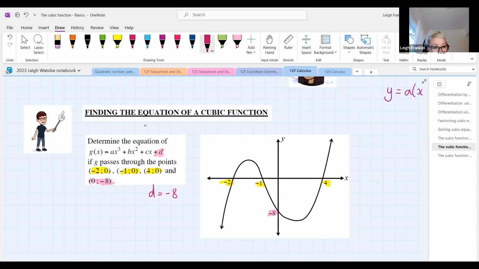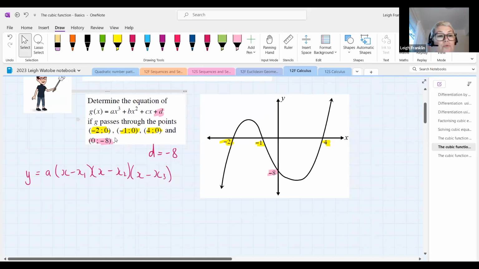We need to write down this equation as y equals a times (x minus x1)(x minus x2)(x minus x3). We can't use that -8 straight away. We're going to use it as a point that we're going to sub in. We're going to use it as our y when x is equal to 0, because they've given us 3 roots. So our next step is to sub those roots in.